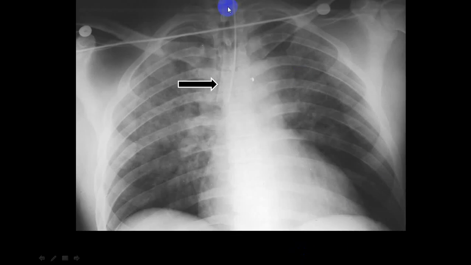Now you can see here, this is the trachea and you can see this line. This is the endotracheal tube, right? Very, very clear. Now, you see this endotracheal tube is a little towards the right side, and it is almost going into the right main stem bronchus. This is the right bronchus. This is the left bronchus.